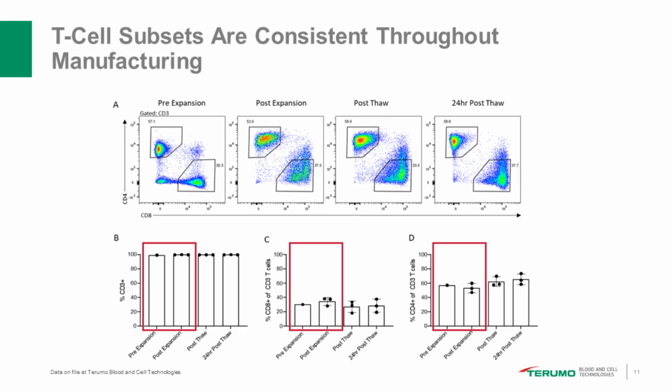Those cells were aliquoted into bags of cryopreservant, and then those cells were frozen. So in post-thaw, those cells were thawed out after those cryopreservation procedures, and samples were taken at that point for analysis.